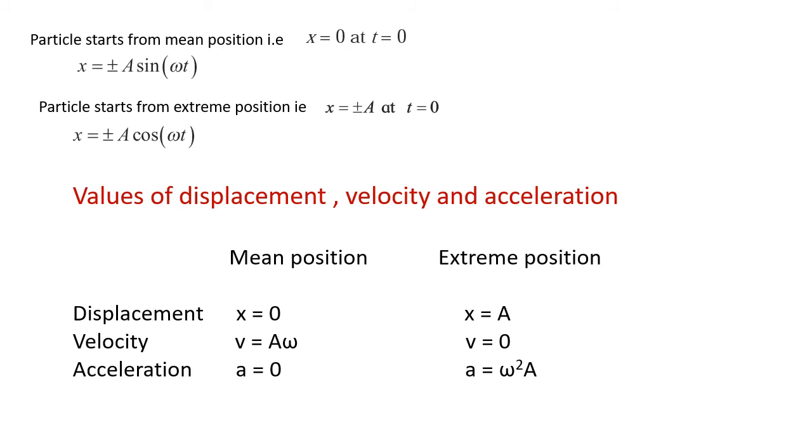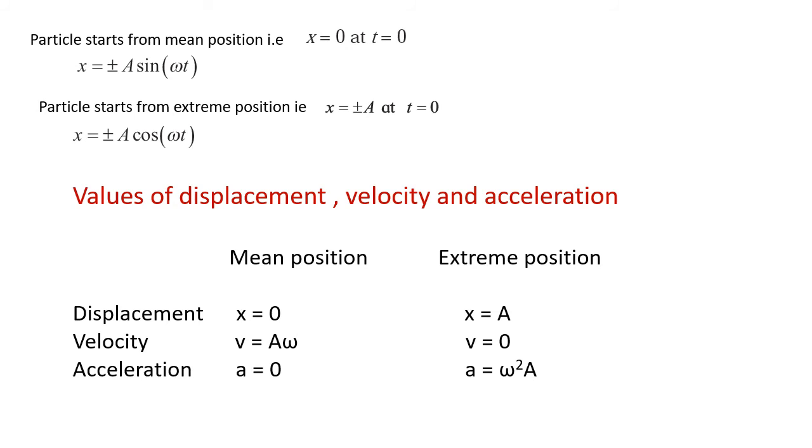Now what will be the case for velocity? The velocity of the particle at mean position is always maximum and it is given by a omega, and at extreme position the velocity is 0. Similarly, at mean position the acceleration is 0, and at extreme position the acceleration of the particle is equal to omega square into a.